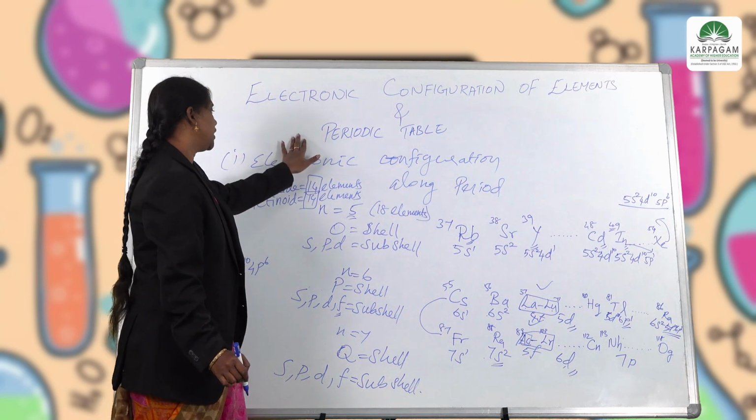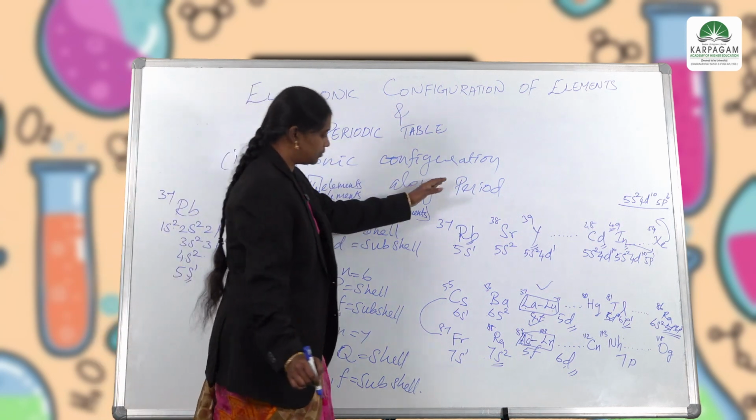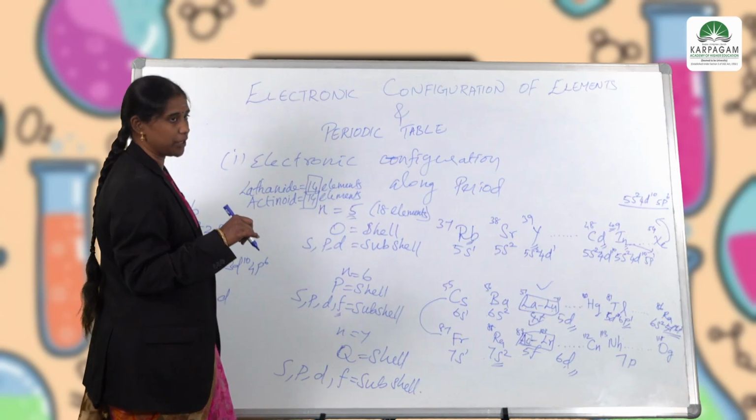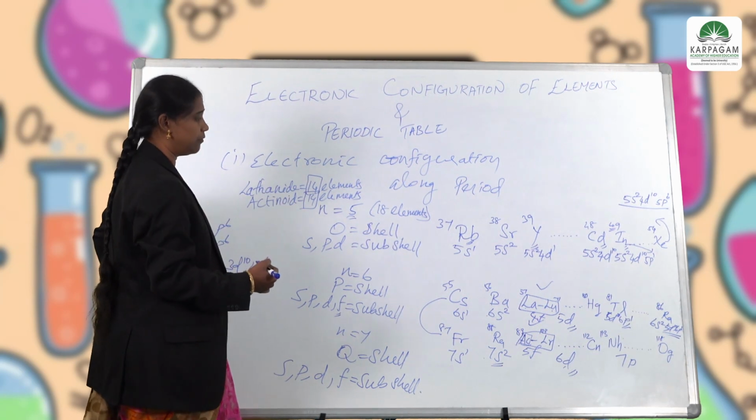Elements filled in the periodic table along with electronic configuration with period. So we have totally 7 periods in the periodic table. We see about the elements period wise.